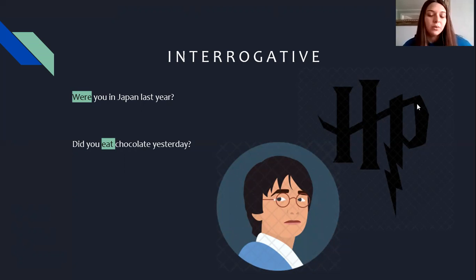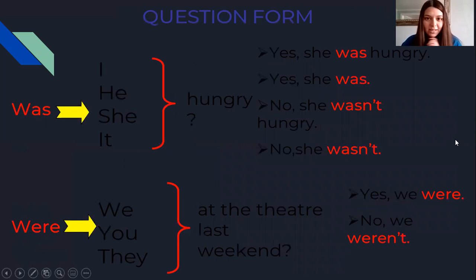So now we are going to show you the form. Here we have the question form using the verb to be. You are always going to start a question in the past with the verb to be first, according to its pronoun.